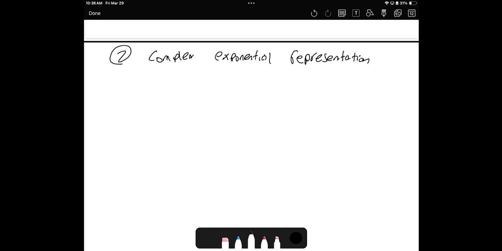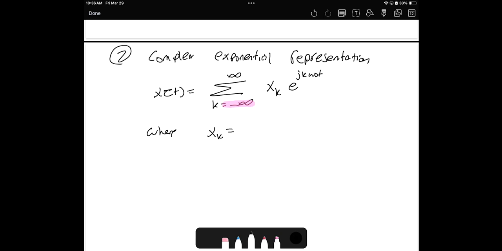So the complex exponential representation is x of t equals the sum from k equals negative infinity to infinity of x sub k e to the power j k omega naught t, where x sub k is 1 over T, the integral from 0 to T of x of t e to the power negative j k omega naught t dt.